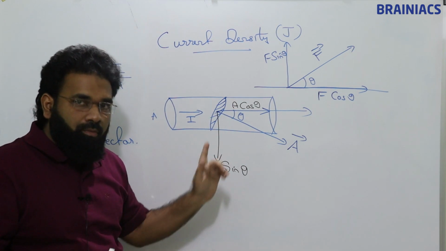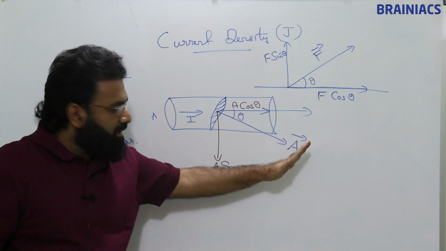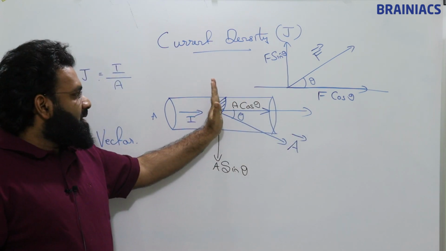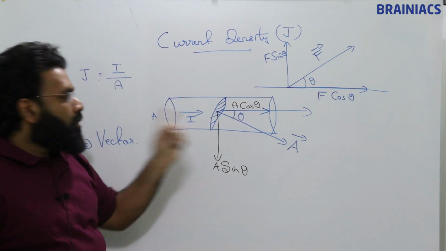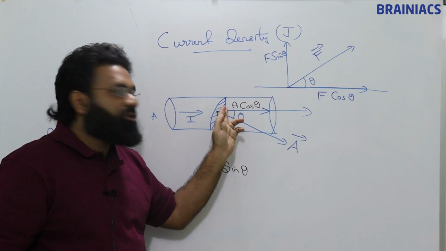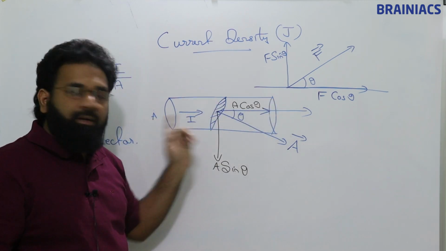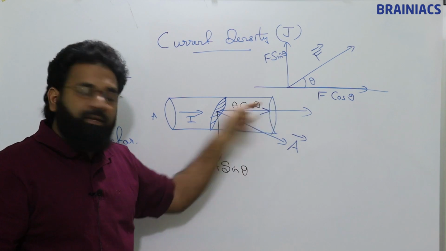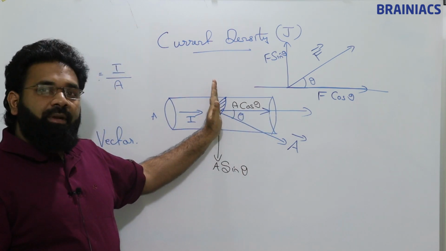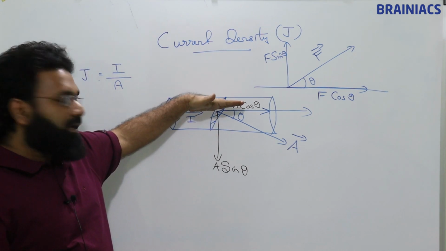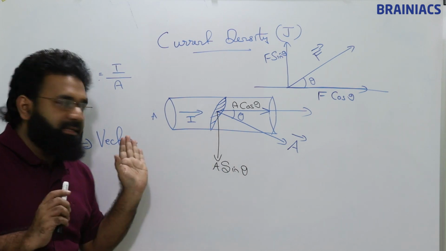Hope you got this. If this is the area, direction of area is this. So we have marked the direction of horizontal, and the vertical direction we have marked. So a cos theta is one direction, a sin theta is another direction. So the area concerned with a cos theta will be like this, the area concerned with a sin theta will be like this. Okay, now if you understand this, then things are easy.